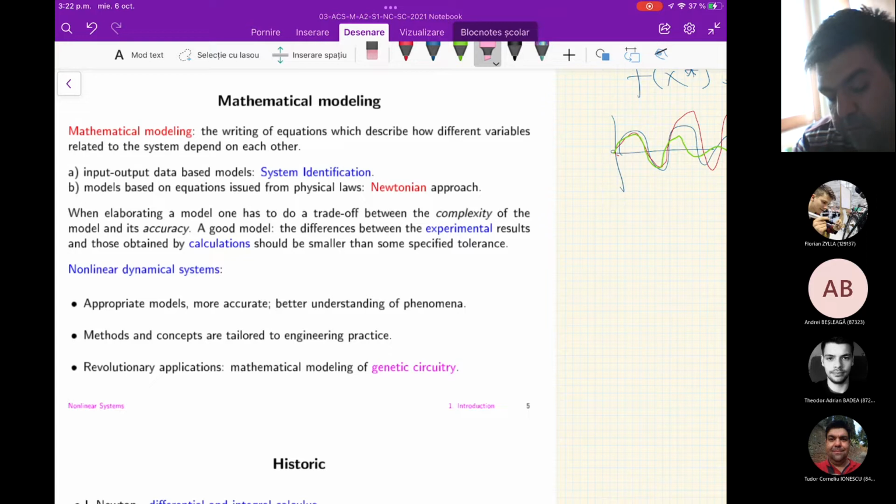So we have input-output data-based models, that is system identification and data-driven, and currently the modern data-driven modeling.